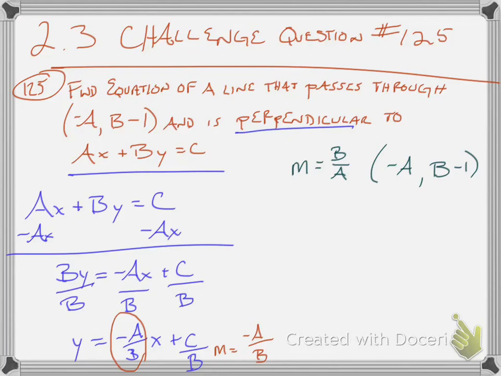You're going to do the same thing you did on all the other ones, however you did it. You could use the slope-intercept form and solve for b, or you could use the point-slope form and plug everything in and simplify. I'll do it both ways.